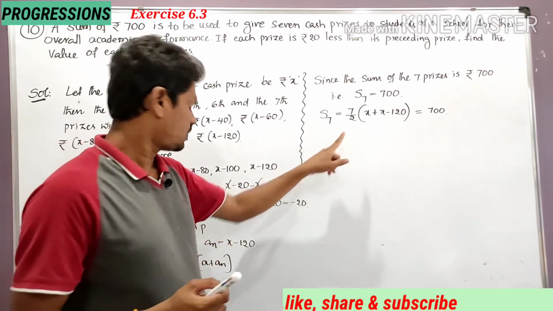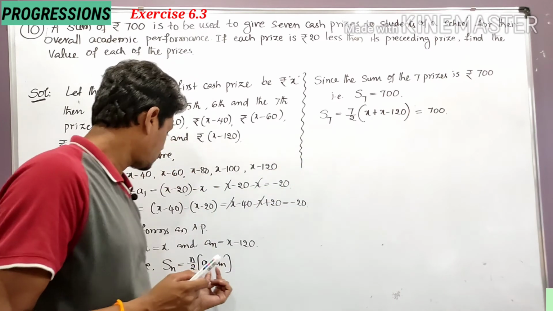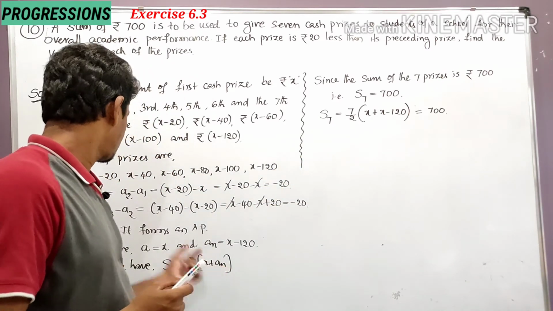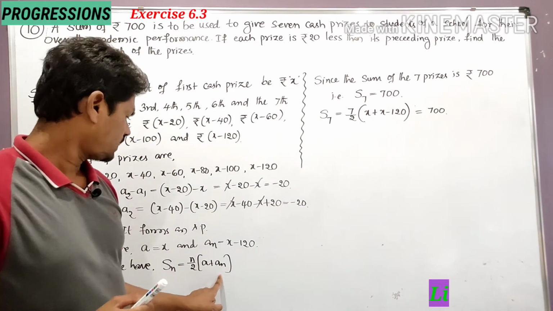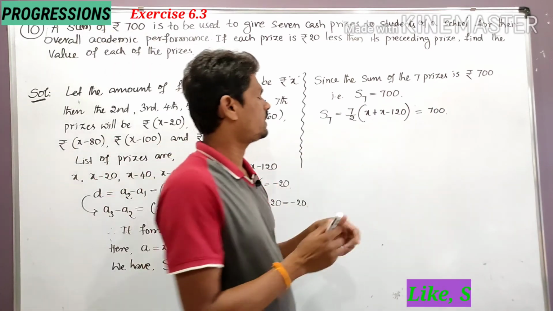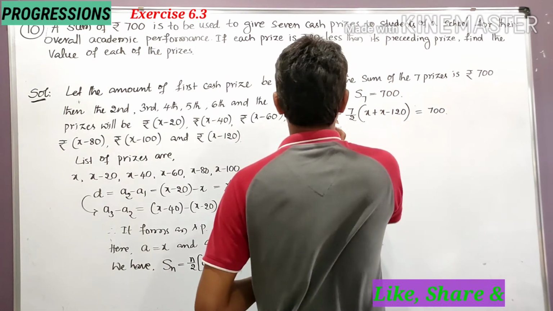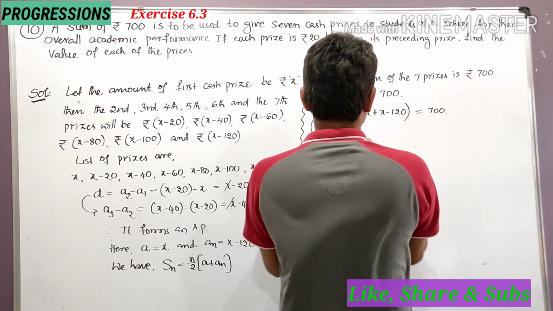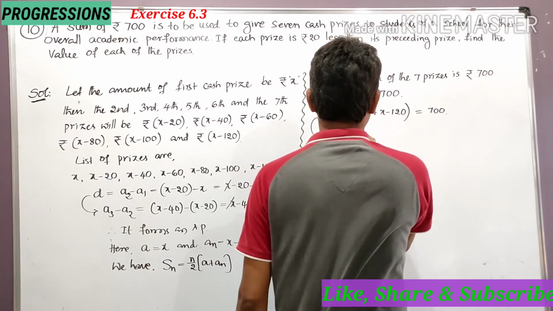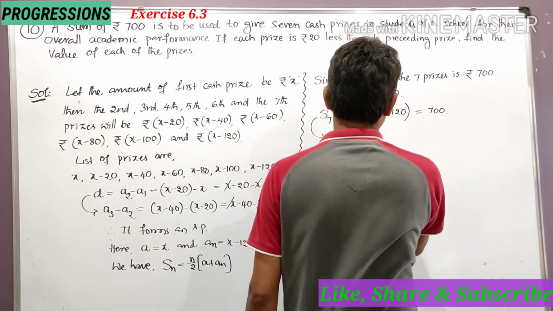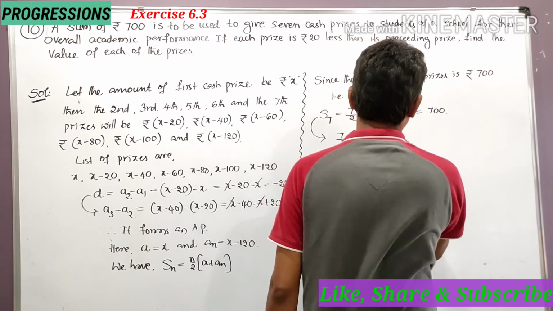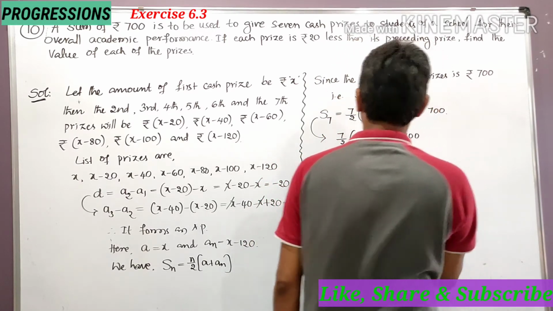So S7 is 7 by 2 into A plus An, where A is x and An is x minus 120. So we get 7 by 2 into, x plus x is 2x, minus 120, is equal to 700.